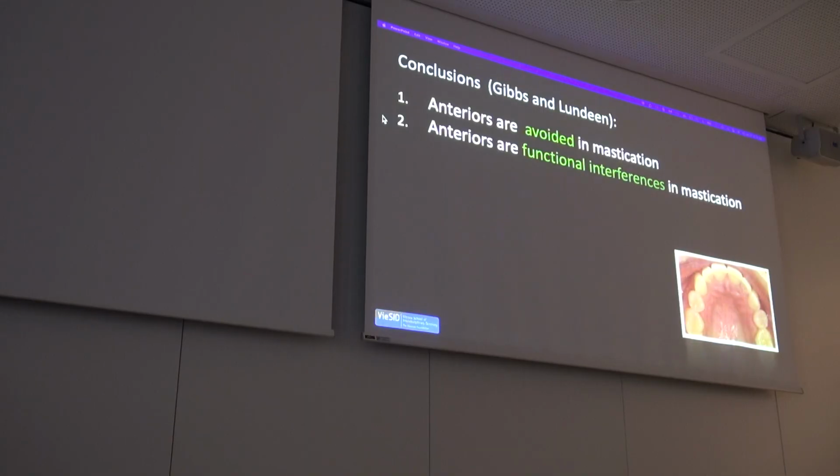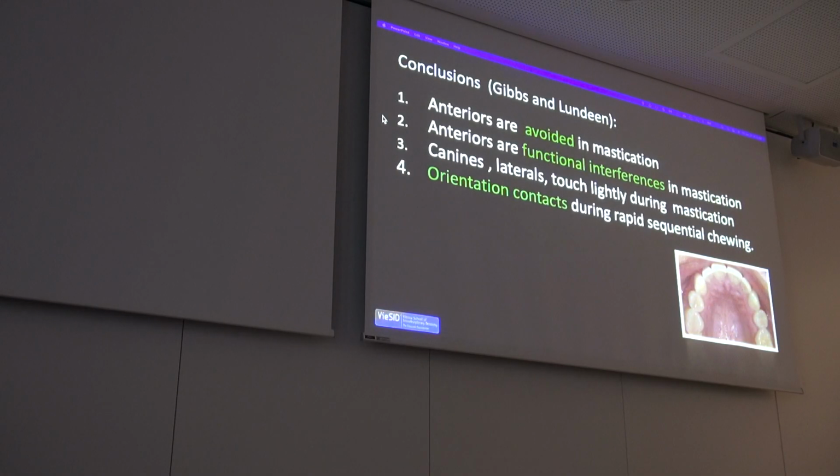That means the mandible, three-dimensionally moving through space, has to come to a landing spot. And the landing spot, as you close into ICP, is going to be dictated by the inclination of the actual anteriors, particularly the cuspids. Canines and laterals touch lightly during mastication. They don't touch heavily. The orientation contacts occur during rapid sequential chewing.